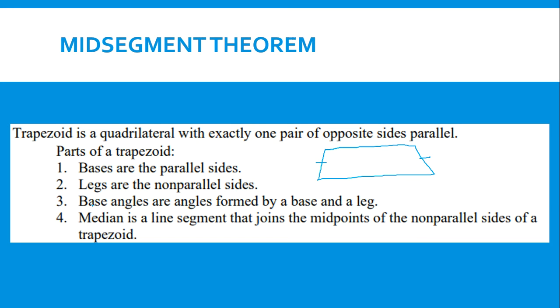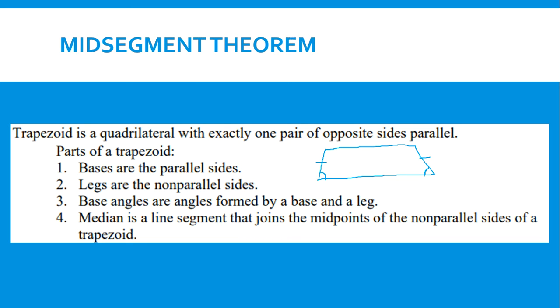Number 3, base angles are angles formed by a base and a leg. This is the base, this is the leg. This is the base, this is also the leg. And if they meet at a certain point, it forms an angle. Just like in the quadrilaterals, the parallelogram, the rectangle, the square, the rhombus, there are always angles formed.